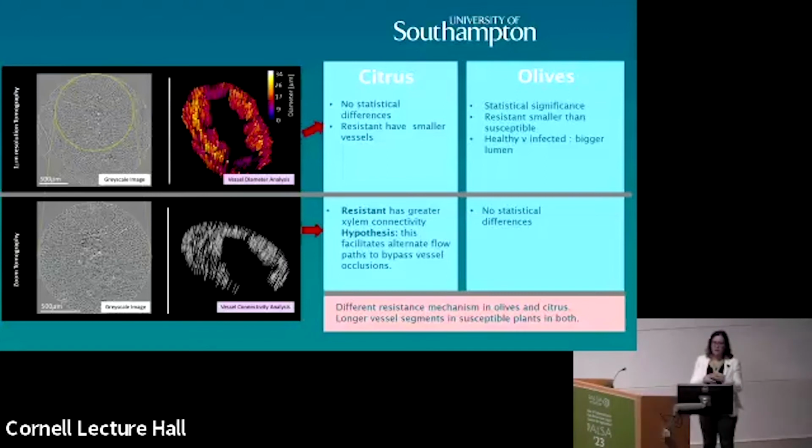In olives, we did see a statistical significance between the resistant varieties and susceptible, and also healthy versus infected ones had a bigger lumen.